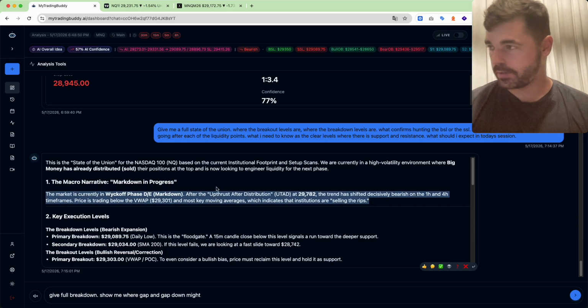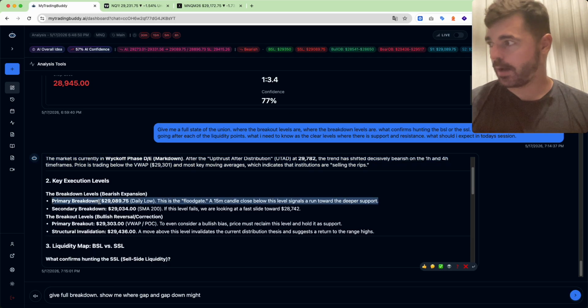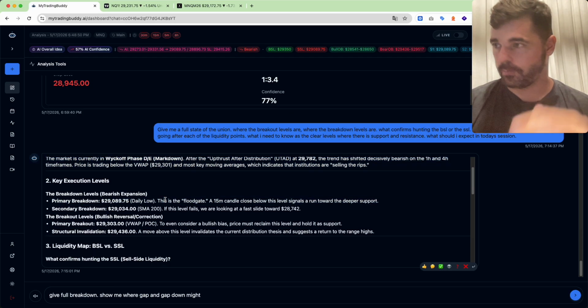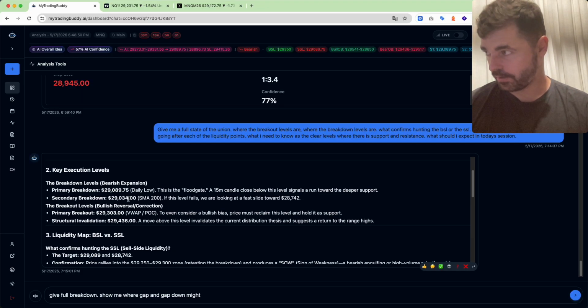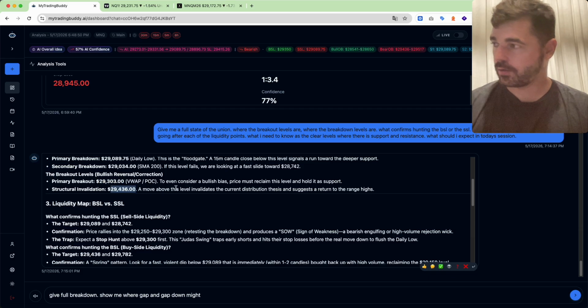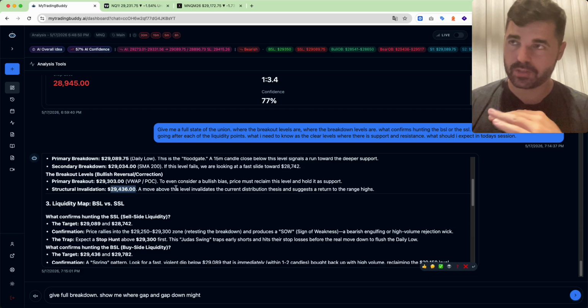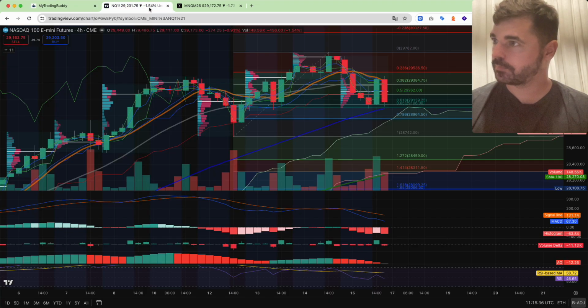So we're in markdown. Still, breakdown of the low. If it breaks down there, it could really just go down. Secondary breakdown, reversal at 300 if it gets back there. The bearish view pretty much gets invalidated if it goes back up to 430.